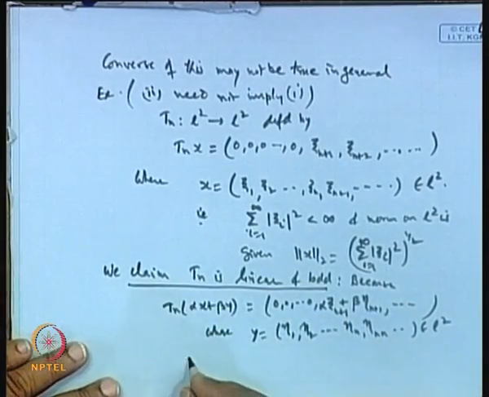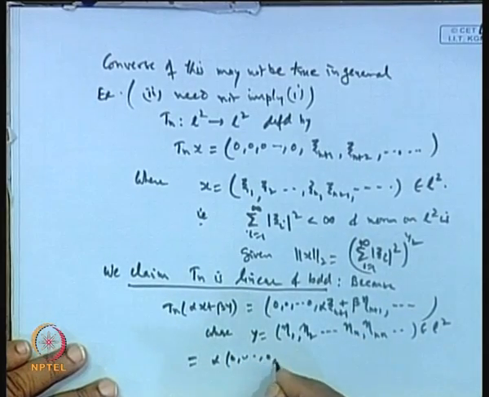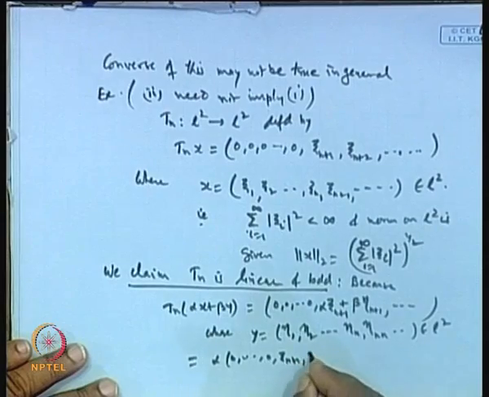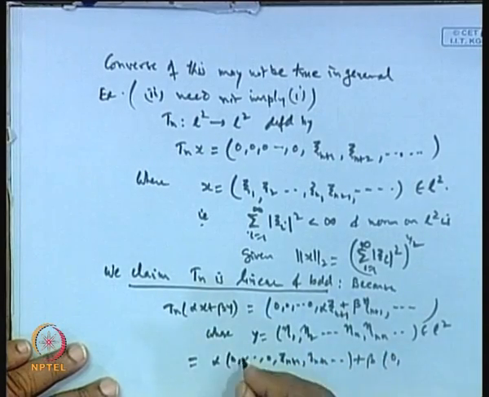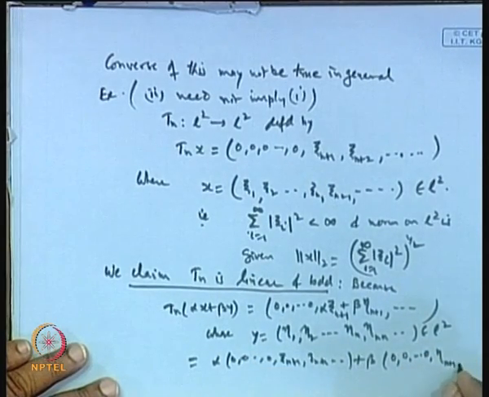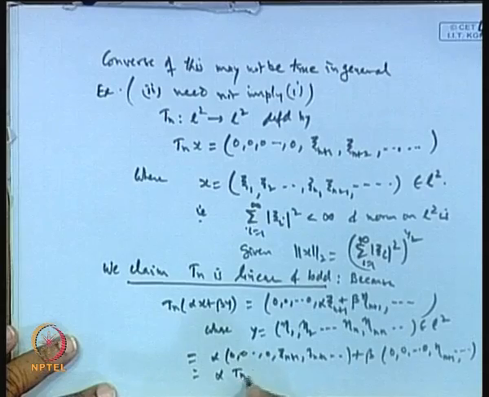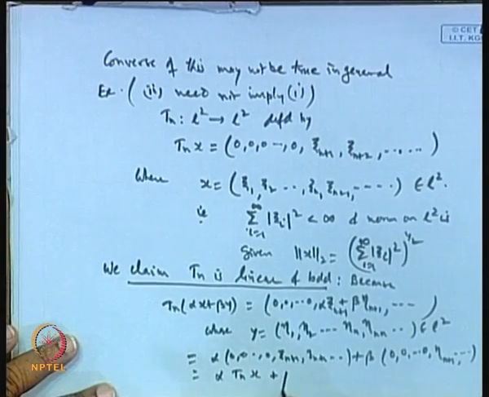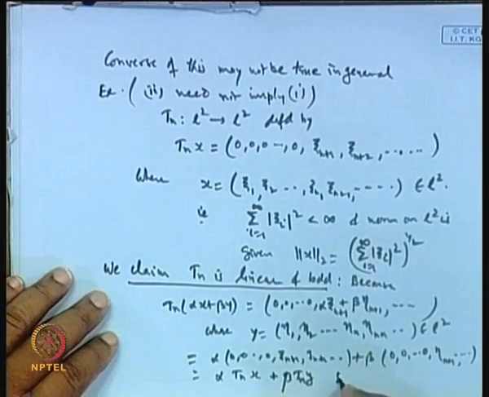This can be written as alpha times 0, 0, 0, xi n plus 1, xi n plus 2 plus beta times 0, 0, 0, eta n plus 1 and so on, which equals alpha times Tn x plus beta times Tn y. So, Tn is linear.